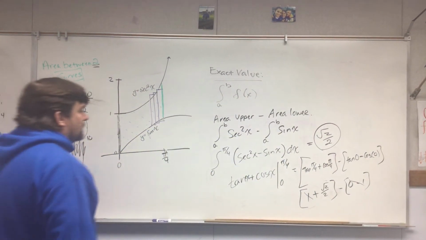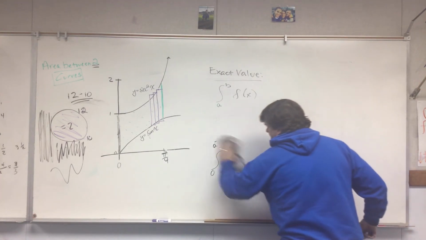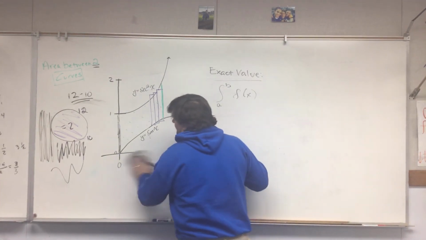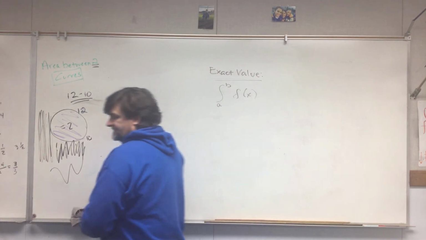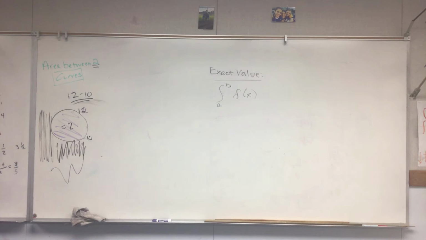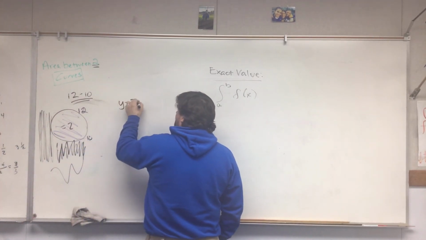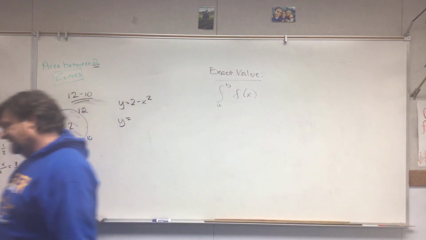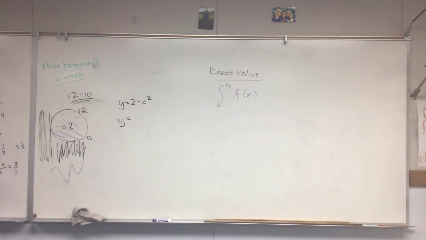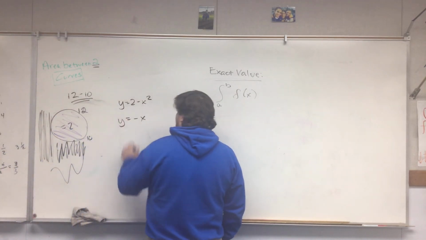So let's just do another quick one here. Let's say they give us y equals 2 minus x squared, and y equals negative x.